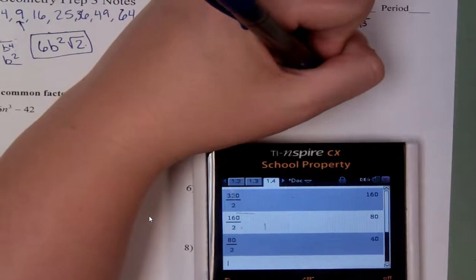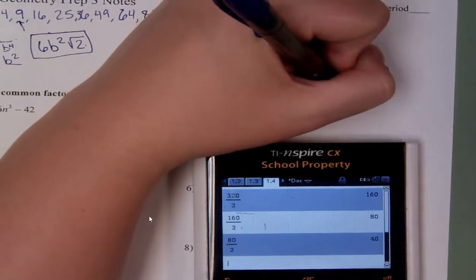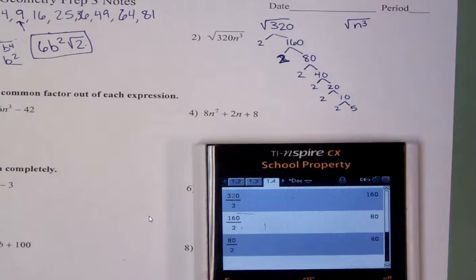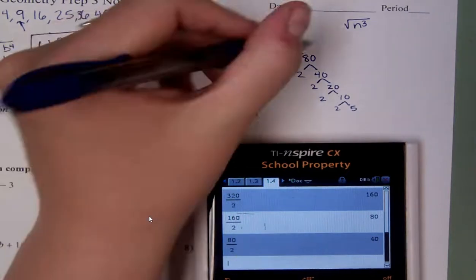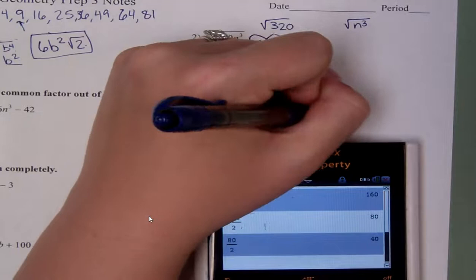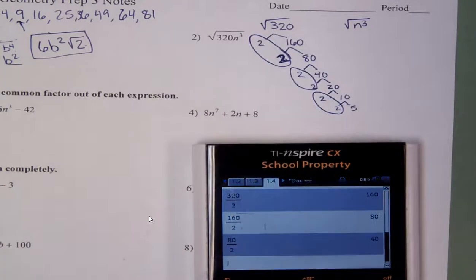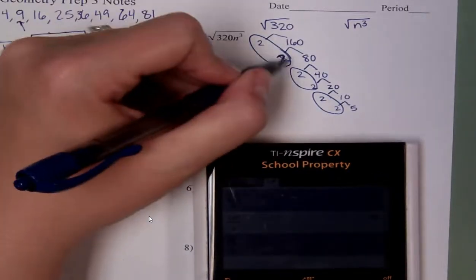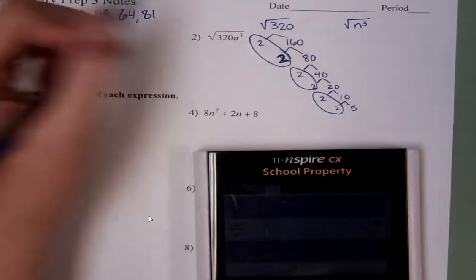And 2 and 10, 2 and 5. Okay? So what you're going to do is take any number that is a pair, and then those get out of the square root. Okay, so we've got a pair of 2's, pair of 2's, pair of 2's.